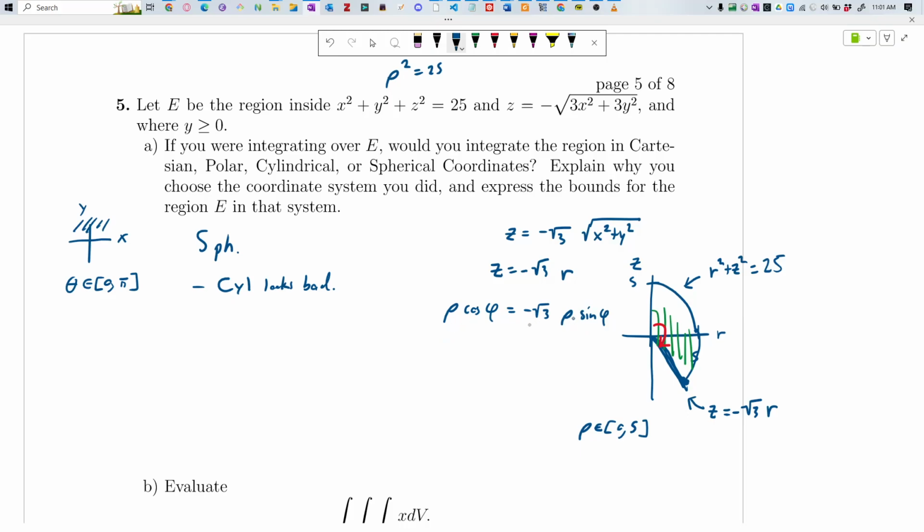And rho is going to be some positive value, so we can cancel on that, and then we can move things to appropriate sides, and we end up with that quantity is equal to tangent of phi.